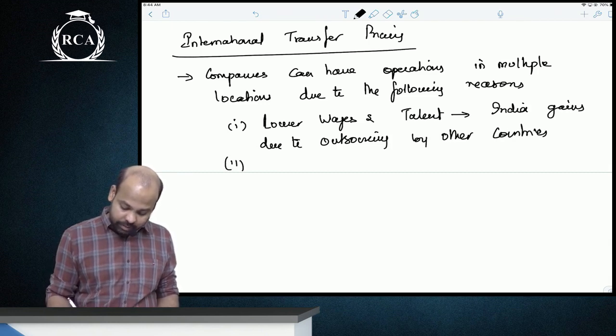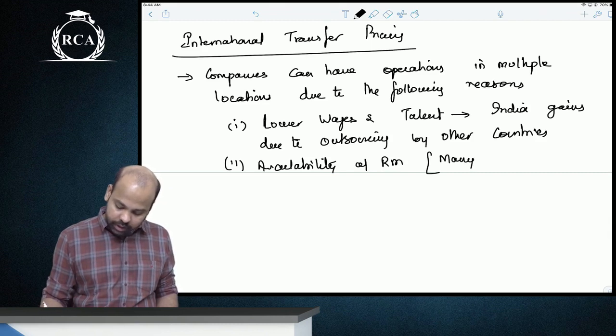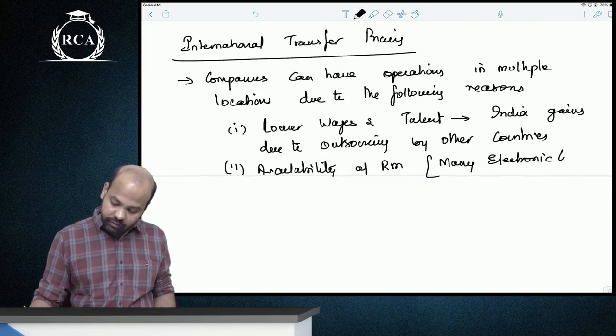Second is availability of raw materials. Many electronic companies have manufacturing facilities in China.